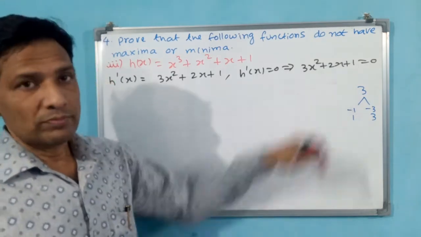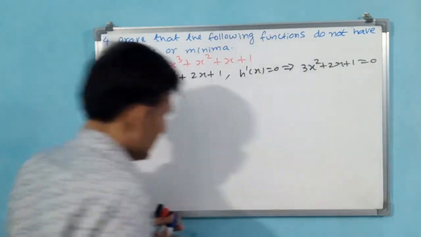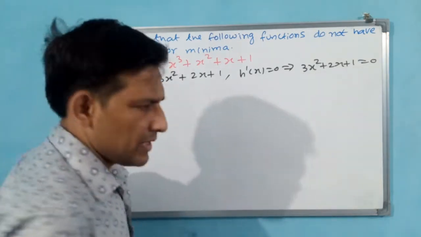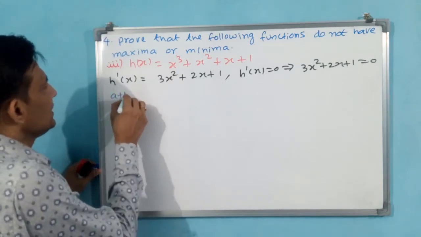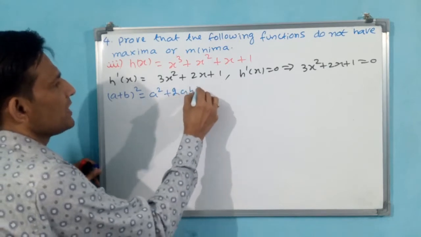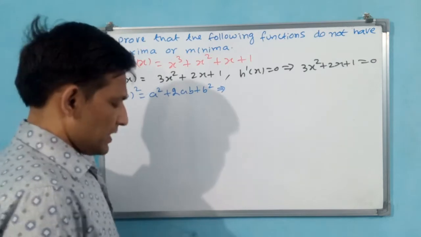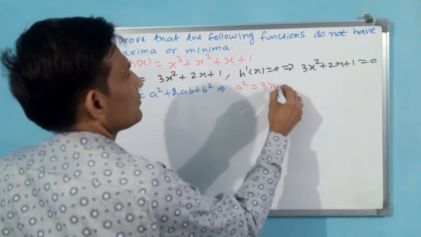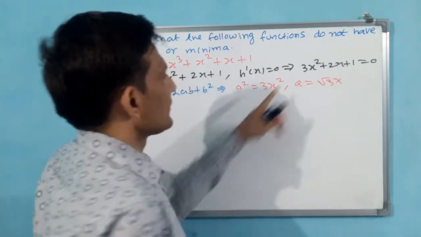But you cannot get 2. So see what I am doing then. Think of a plus b whole square as a square plus 2ab plus b square. Then we will change it. a square is equal to 3x square, so a is equal to root 3 x.